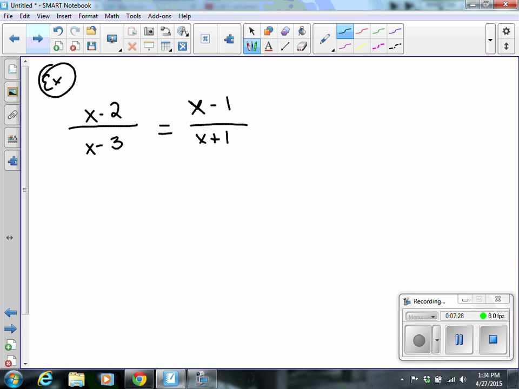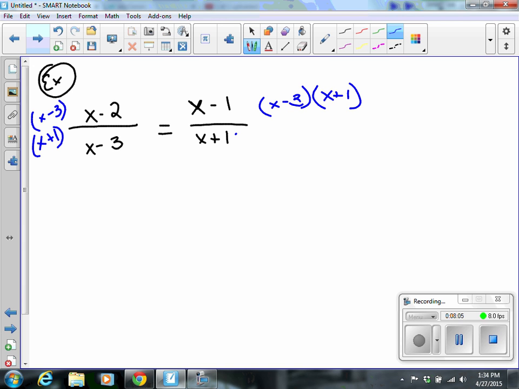So in this case, I'm still trying to get rid of the fractions. In order to get rid of the fraction on the left, I'm going to have to multiply by x minus 3. Whatever I do to one side of the equal sign, I have to do to the other. Well, that doesn't exactly eliminate this x plus 1. So I'm going to have to multiply by x plus 1. Again, whatever I do to one side, I have to do to the other. So I'm multiplying both sides by x minus 3 and x plus 1.